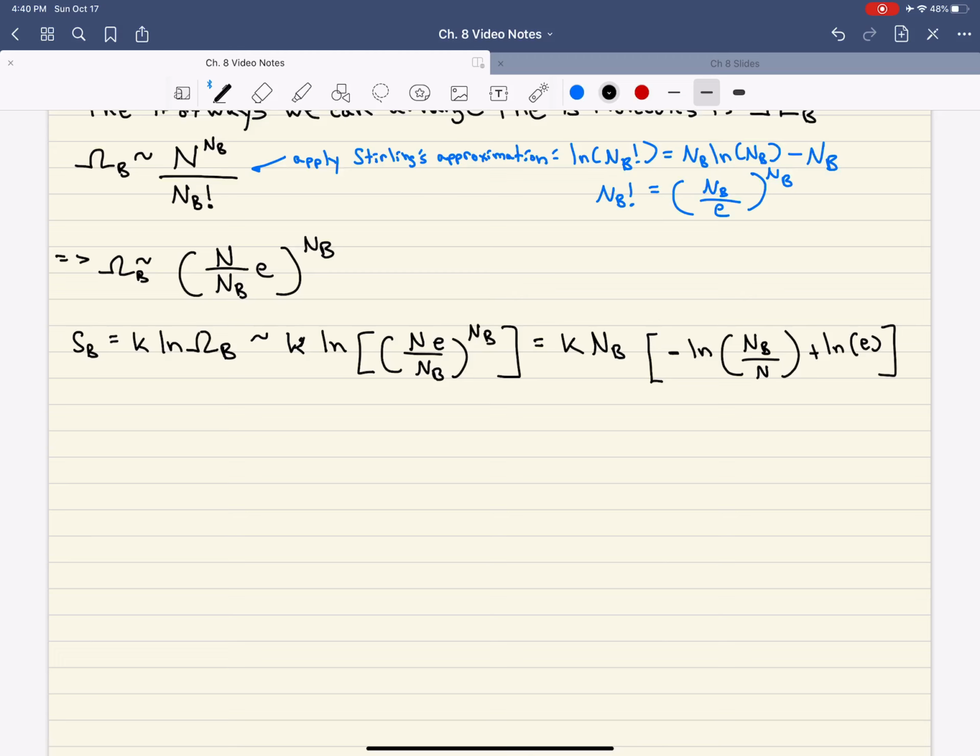Now the reason I wrote it in this format is this natural log of e, that's just 1. So that's simple. And over here, what we have is the number of B molecules over n, the total number of molecules in our mixture. And so nb over total molecules is just equal to a mole fraction. Okay. All right. And so this is our functional form of SB for now.